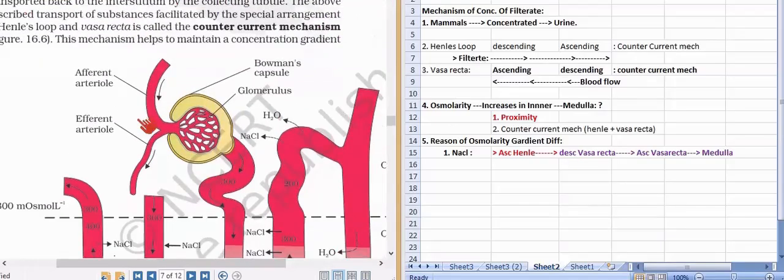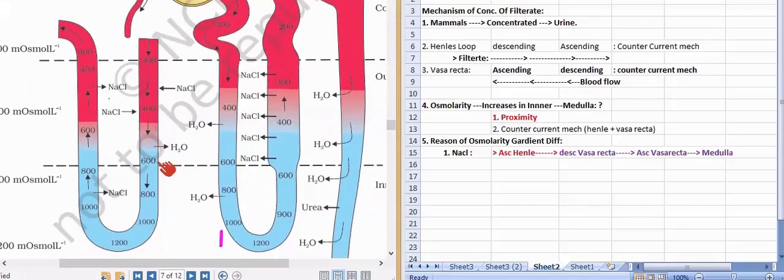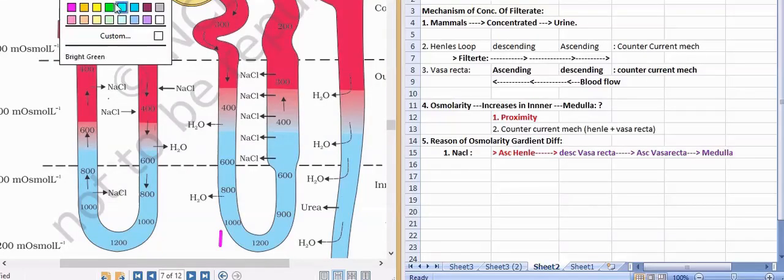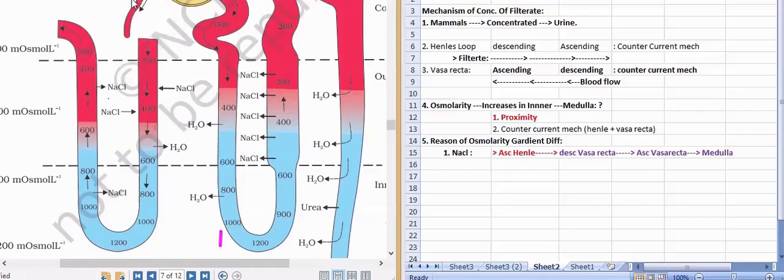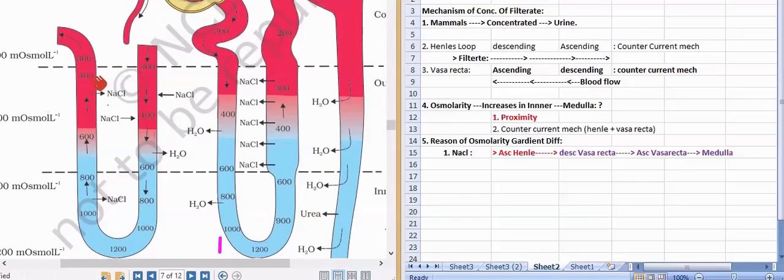I'll show here. You read the lines again. What is it showing? This is the descending limb and ascending limb of Henle.